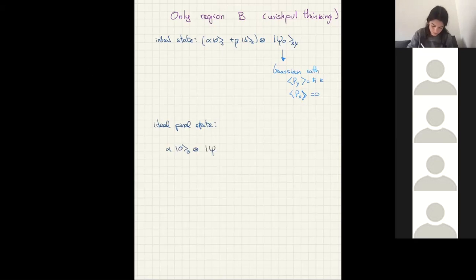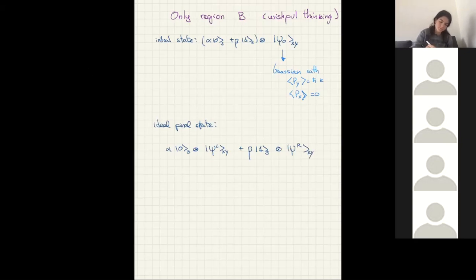let's call this phi left on x and y, plus beta 1 on s, phi right on x and y.